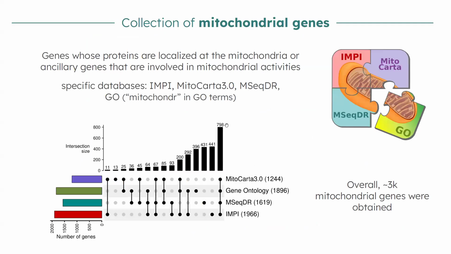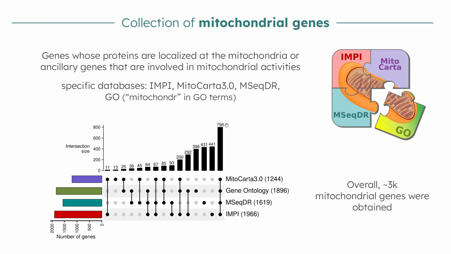So the first step was to collect mitochondrial genes. These are not meant to be only the genes coming from the mitochondrial genome, but also genes whose proteins are localized inside the mitochondria or on its membrane, and also the ancillary genes that are involved in the mitochondrial activities.